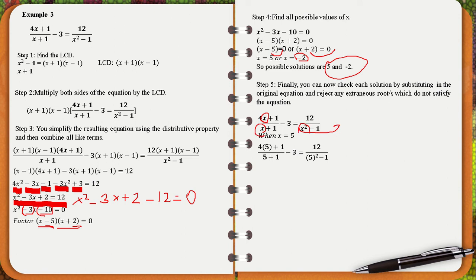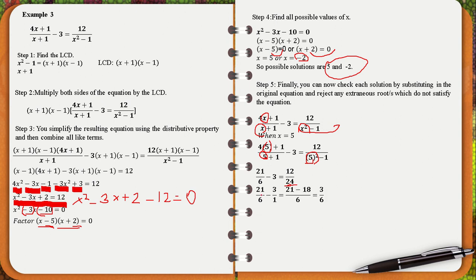Itong x squared lang. Okay? So, meron tayong 5 dyan. Sinubstitute natin ng 5. 5 dito. 4 times 5 plus 1. 4 times 5 is 20 plus 1 is 21. 5 plus 1 is 6 minus 3 is equal to 12 over 5 squared. 5 squared is 25 minus 1, so that is 24.